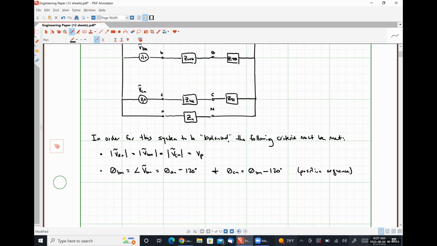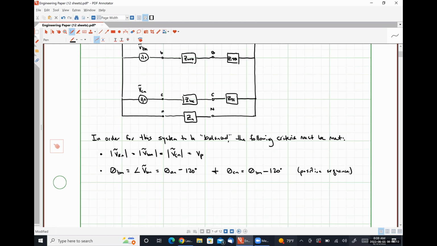If we had a negative phase sequence, we would simply change those minus signs to plus signs, okay? So under these two conditions, our source is considered balanced. And we talked about both of these conditions in our last class meeting.